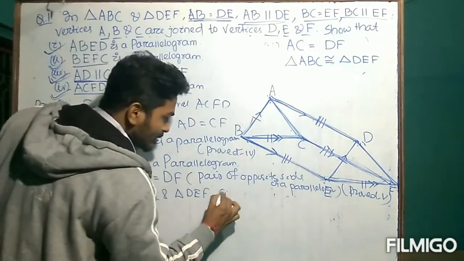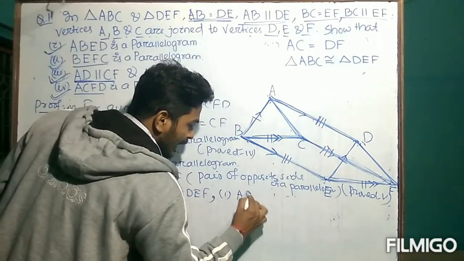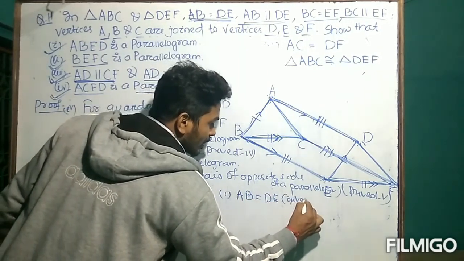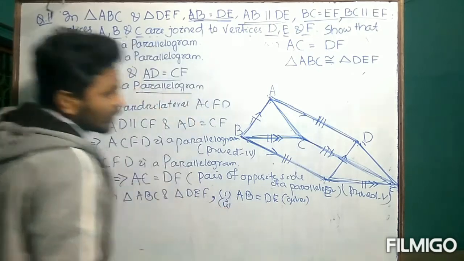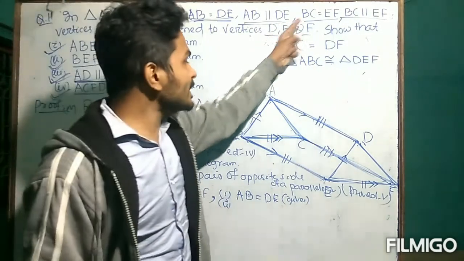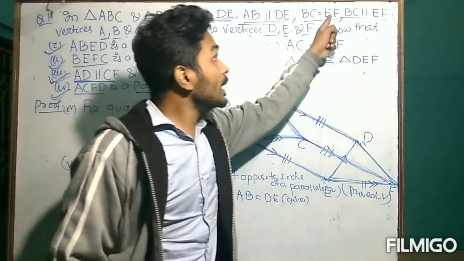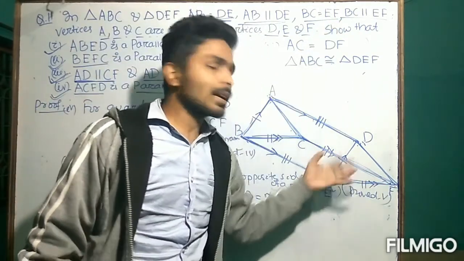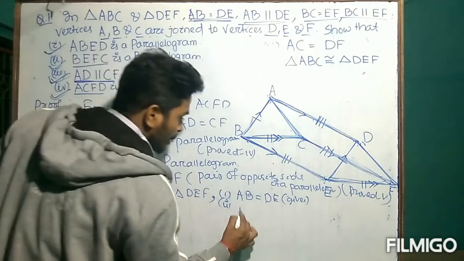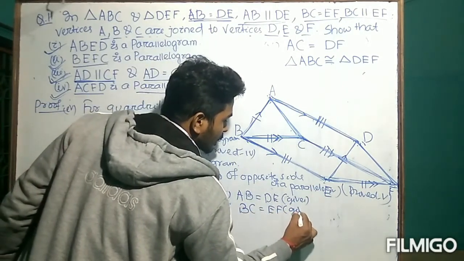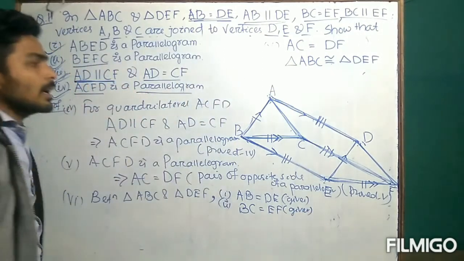So we can write the first condition, AB is equal to DE. This is given. Second, it is also given that BC side of the triangle ABC is equal to EF side of the triangle DEF. So BC is equal to EF. It is also given. Clear?